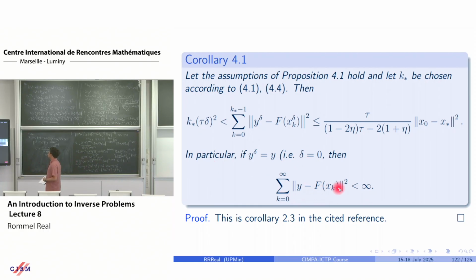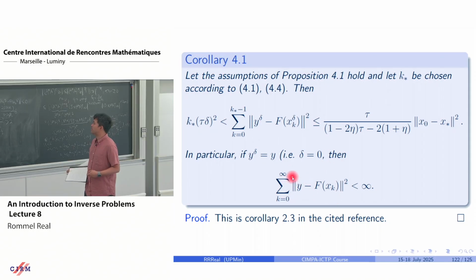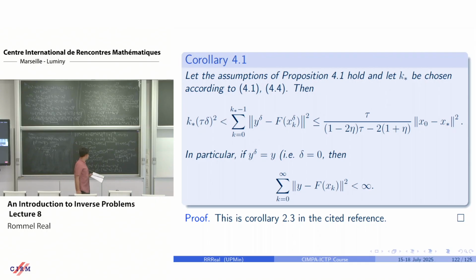And this tells us that necessarily, when we apply the Landweber method for the exact data, then the sequence of approximates x sub k must converge to a solution of our nonlinear equation. And to prove this one, it's pretty straightforward using the computations that we just performed. So it's like this, okay?